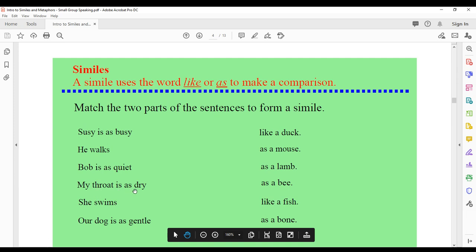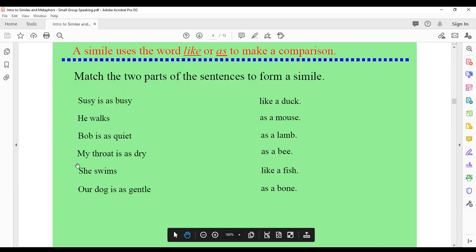My throat is as dry as a bone. If I want to talk about someone who swims really well, I can say she swims like a fish. Or our dog is as gentle as a lamb, a baby sheep. Again, I'm comparing these things using the words like or as.